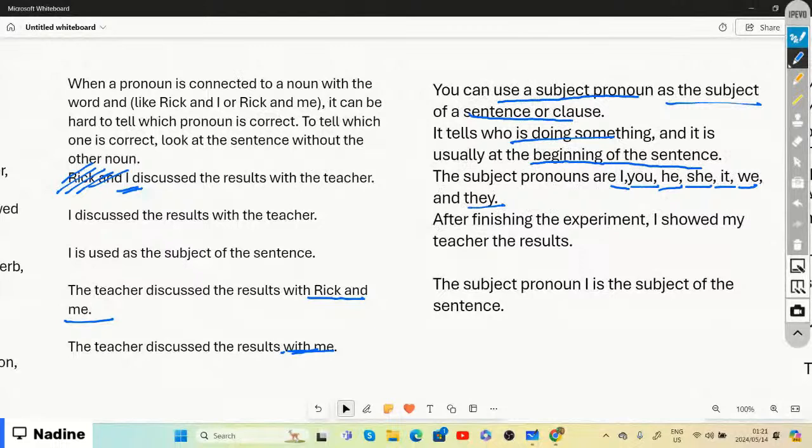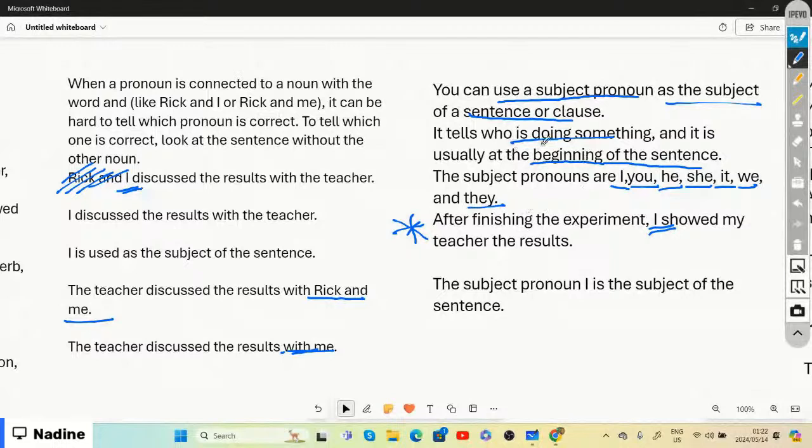And once again, if we look at the subject pronoun, we go over the sentence that says, after finishing the experiment, I showed my teacher the results, right? So who showed the teacher the results? I did. So I am the subject of the sentence.